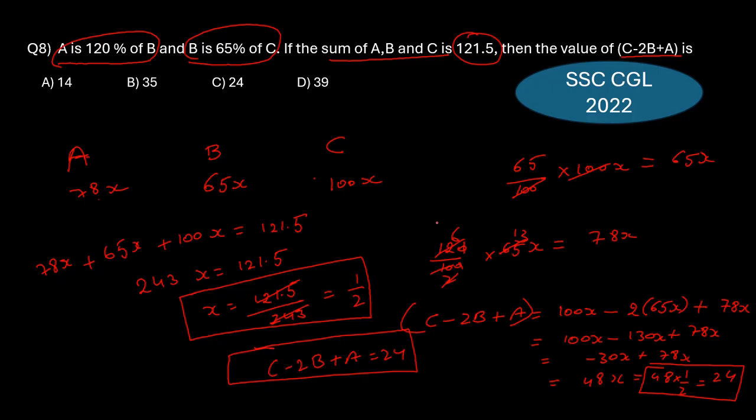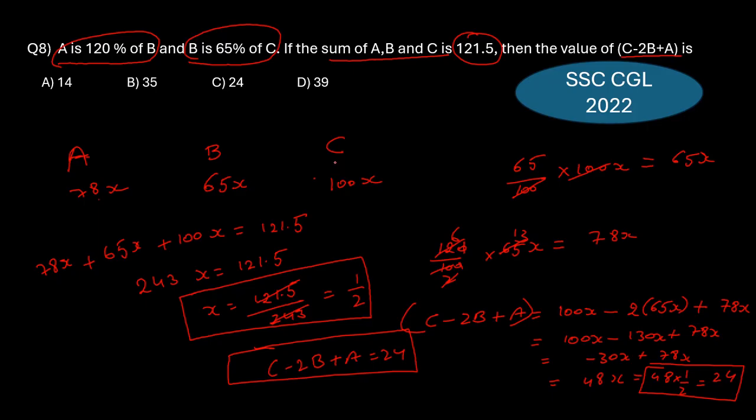I think everyone is clear with this question. Let me explain one more time, guys. It is given that A is 120% of B and B is 65% of C. If the sum of A, B and C is 121.5, we are asked to find the value of C minus 2B plus A. So for easy calculations and to save time, I assume the third number, that is C, as 100x.